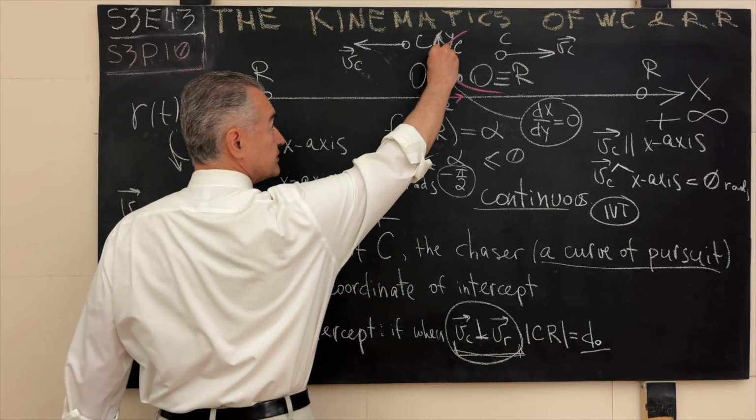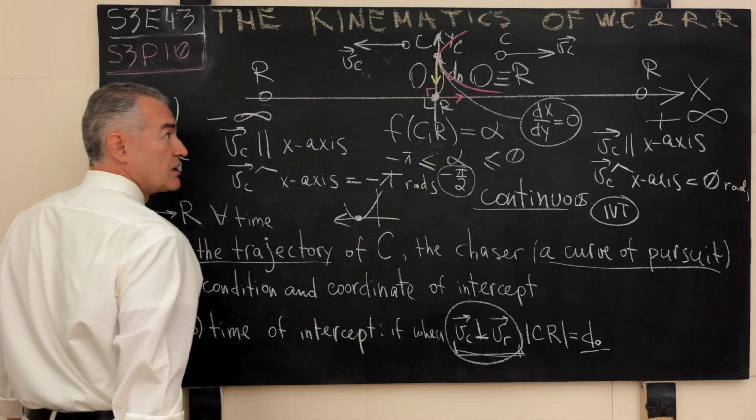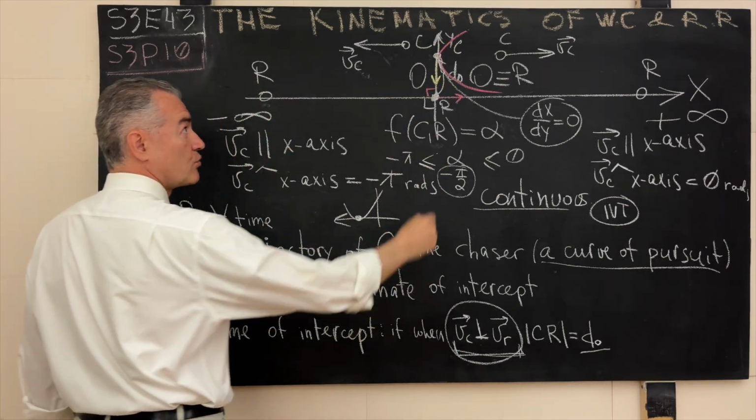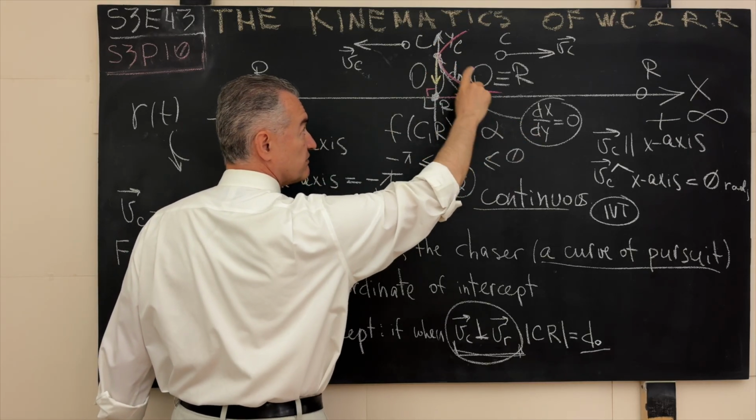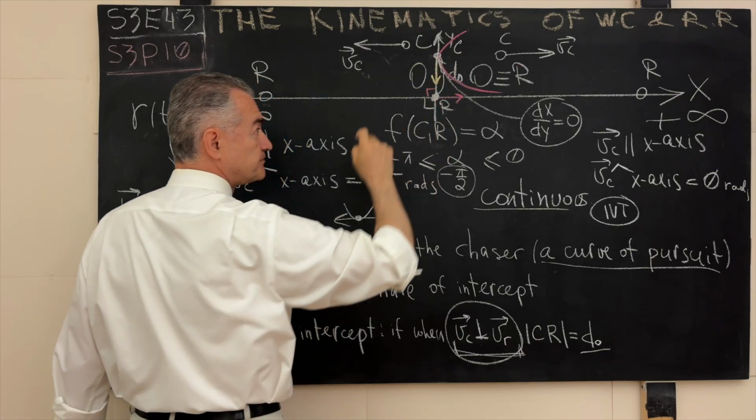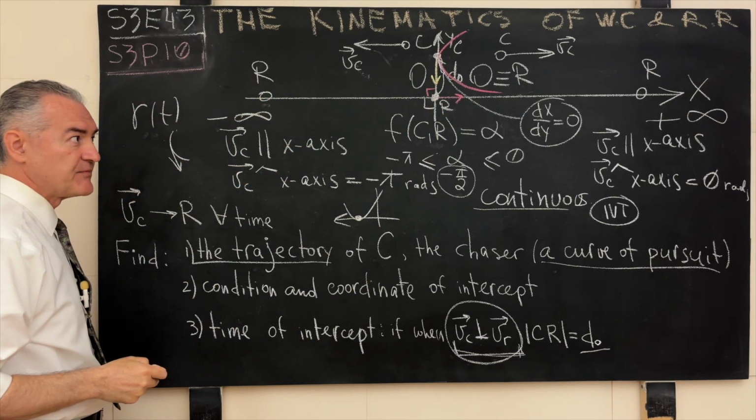So this distance right here is d0. This is the mutual juxtaposition. We know roughly the shape of the trajectory, and we know that the first derivative of dx over dy over here is precisely 0.